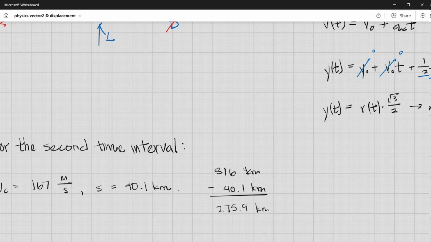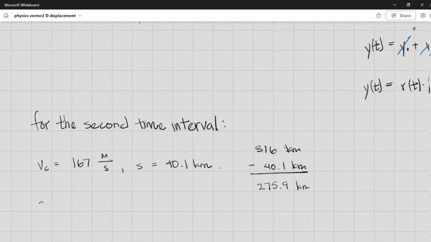kilometers remaining. Well, if I'm at constant velocity, acceleration is therefore 0, then the change in the time interval is just equal to the distance remaining divided by this constant velocity.